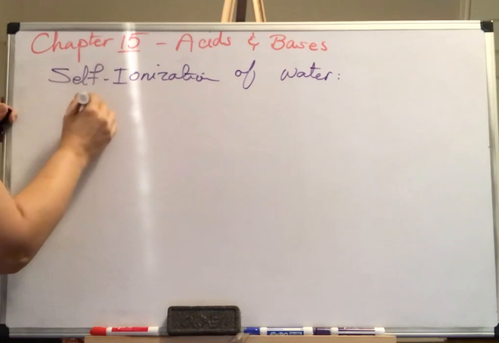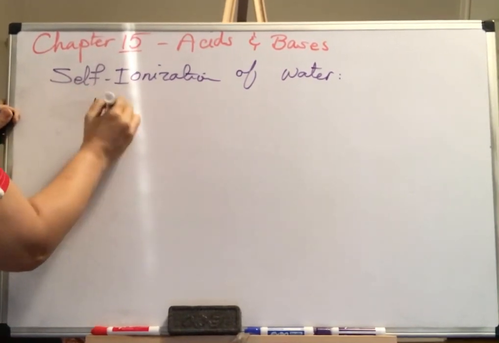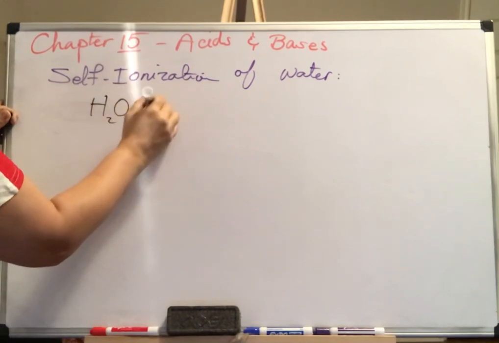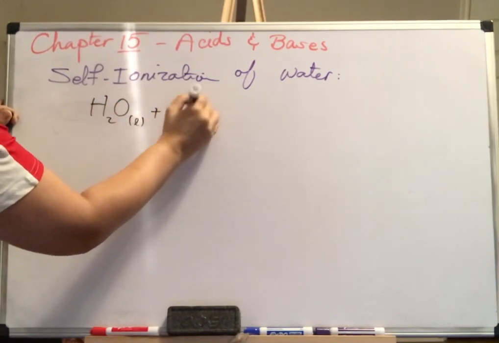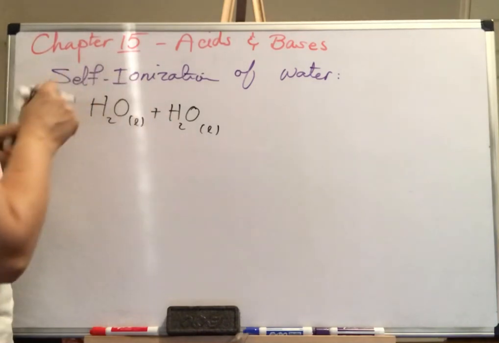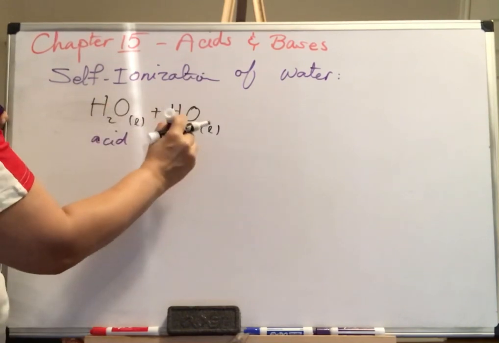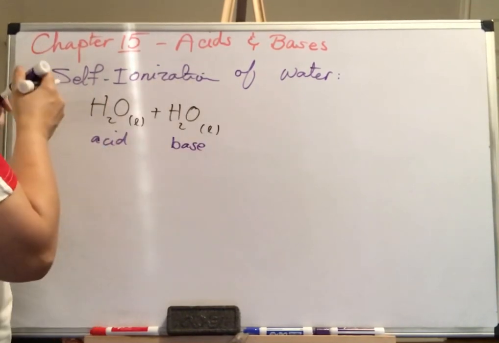Let's write this equation for two water molecules because it's about just water molecules. When we say self-ionization of water, it means one of the water molecules acts as acid and another one acts as base because we don't have anything else, right?